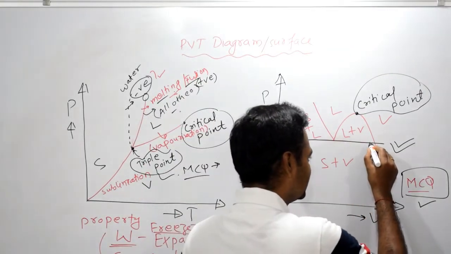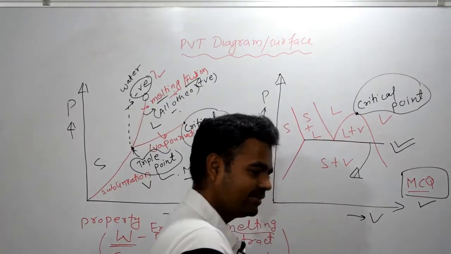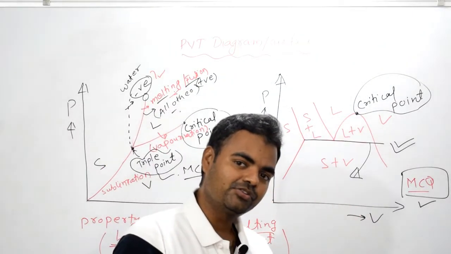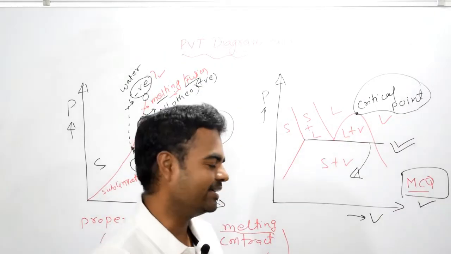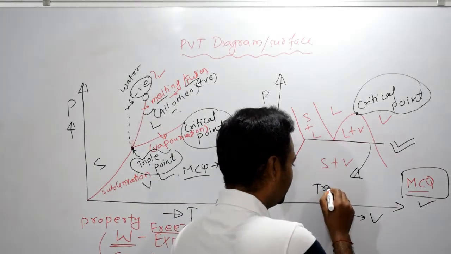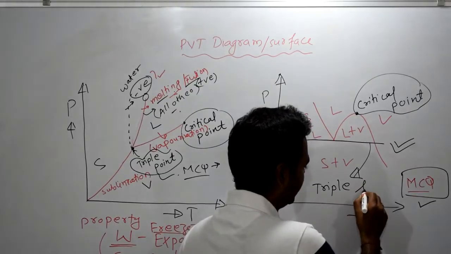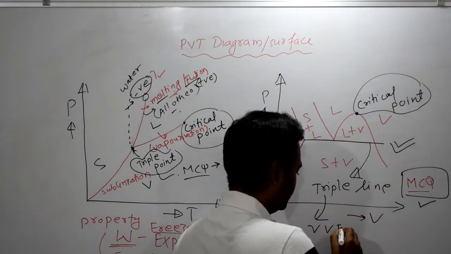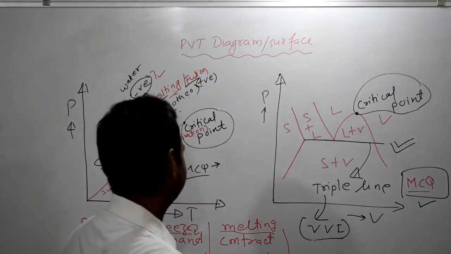That means this line is the triple point, but because this is a line, we say it is the triple line. This is very, very important for competitive examinations.